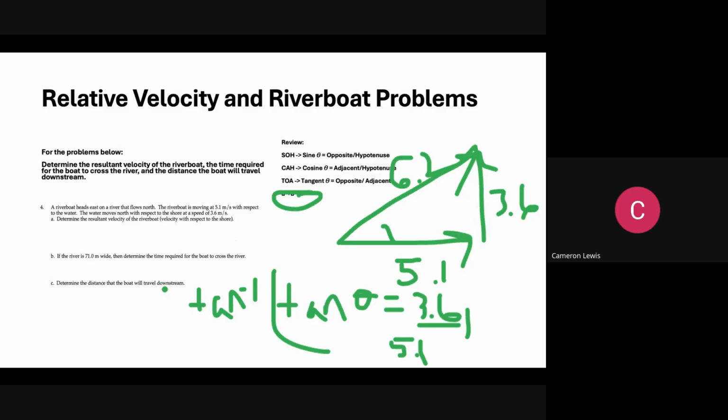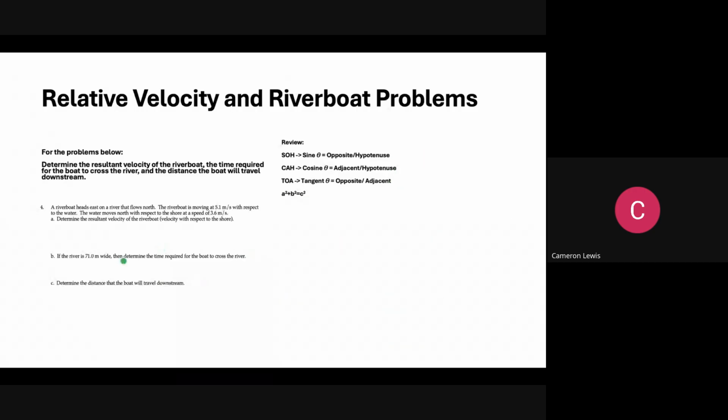I got about 35. So you get 6.2 at 35 degrees. Meters per second at 35 degrees.